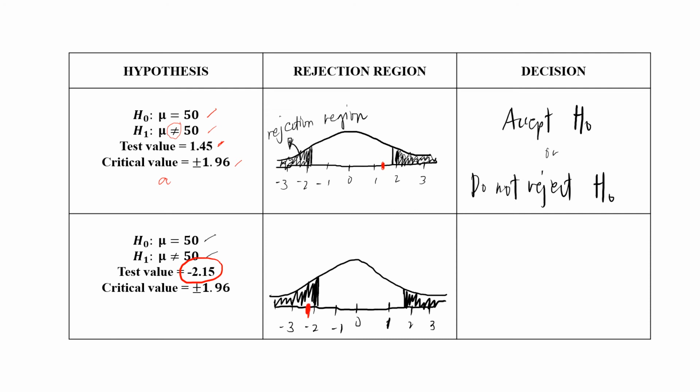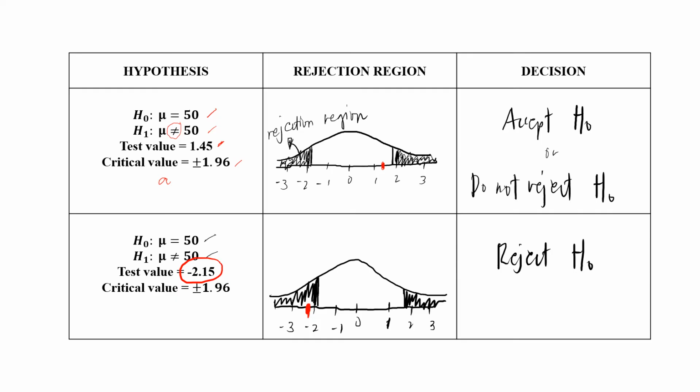Okay, so since dun siya nag-lie sa ating rejection region, dito sa ating merong shade na part, meaning we need to reject the null hypothesis. Okay, so reject the null hypothesis. So, ganun lang.